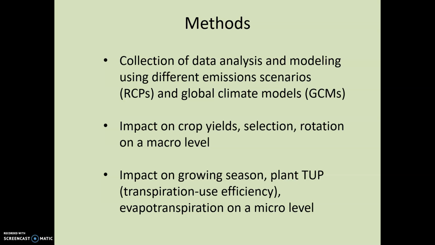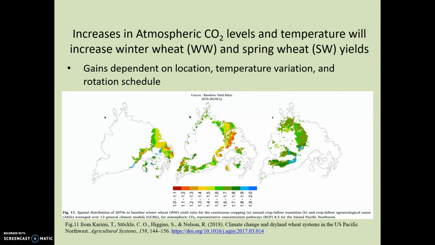On a micro level, these documents also looked at the individual plants themselves: TUP, transpiration use efficiency, and evapotranspiration on a smaller scale, how it affects each individual wheat stalk. So there are two approaches to this, and we're going to cover both of them.